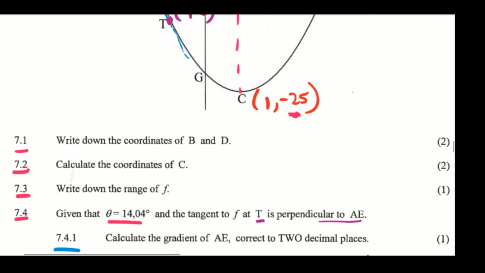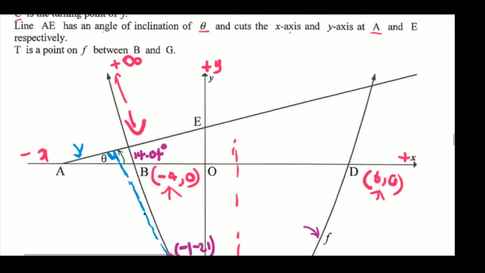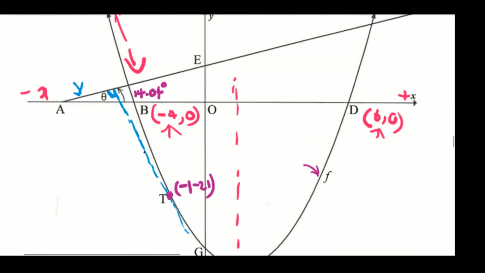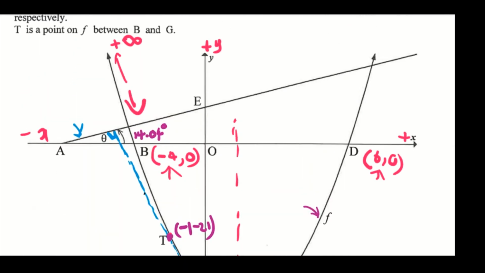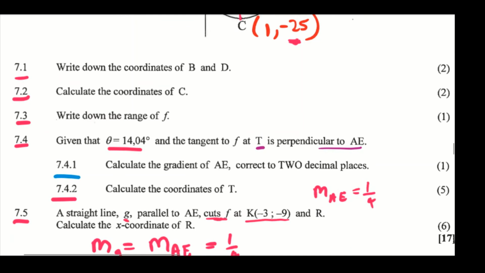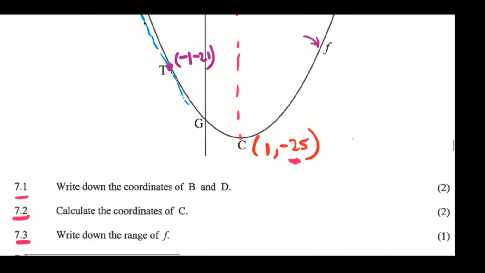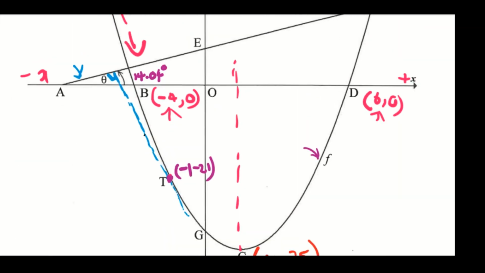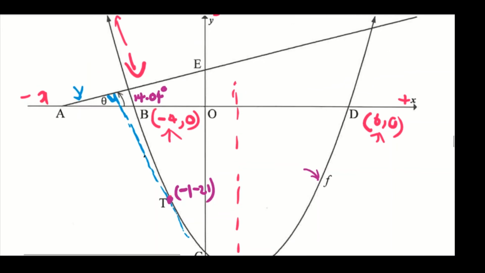Honestly, there's nothing shown on the graph, which means it's happening somewhere just outside of what is shown on the graph, because the point K is minus 3 and minus 9, which can possibly be somewhere around here. So minus 2 can be somewhere here, and then something like this.